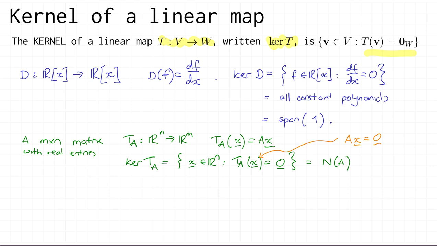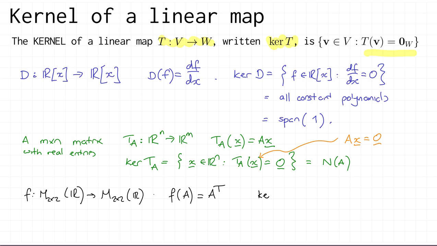So finally, let's take a concrete example. Let's take F from the 2x2 real matrices to the 2x2 real matrices, defined by F being the transpose function, so F of A is A transpose.